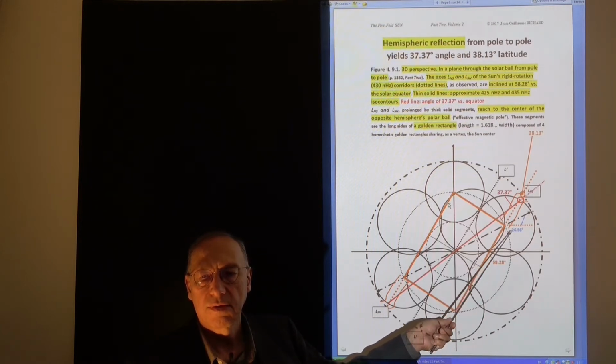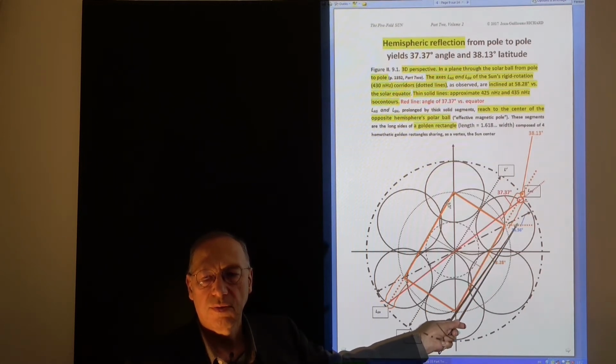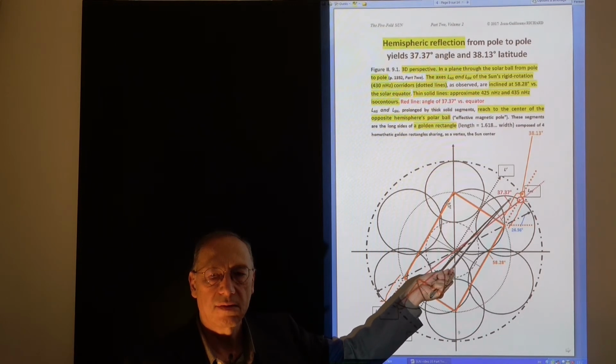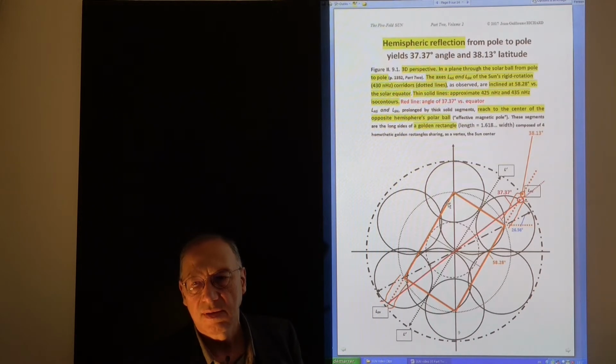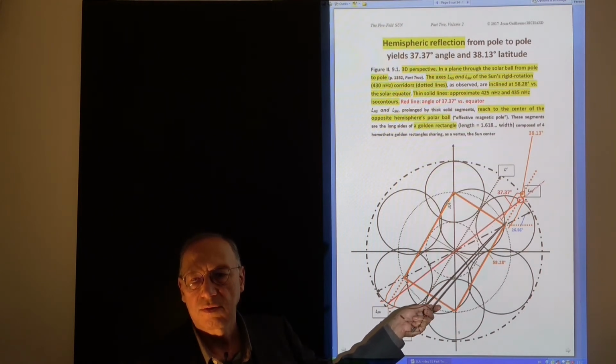So if you go through the trigonometry of this inclination for this line going through the center of this ball, and an inclination of 58 degrees compared to parallel to the equator here, you arrive at this intersect here on the surface of this ball of exactly 37.37 degrees.